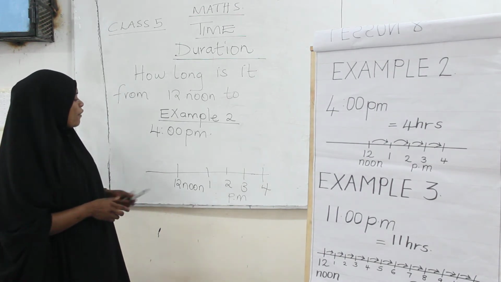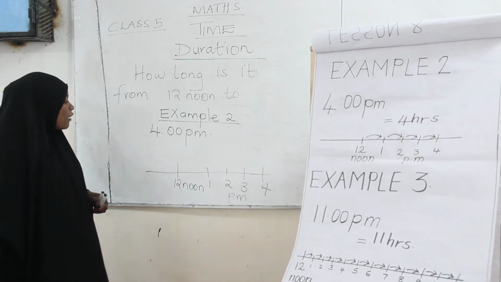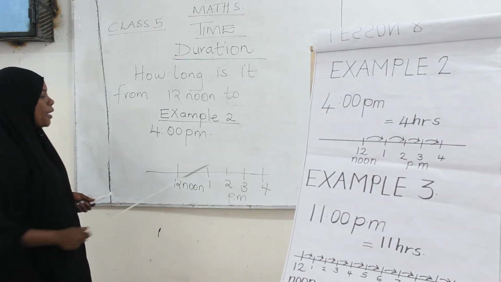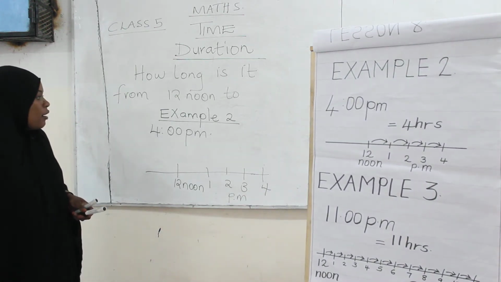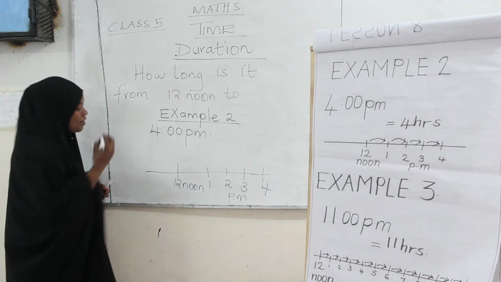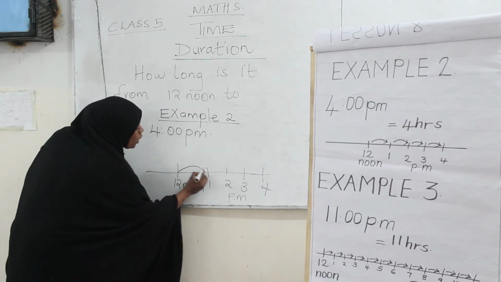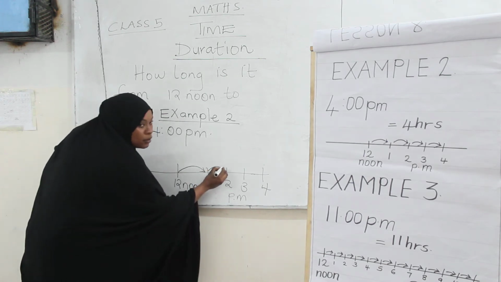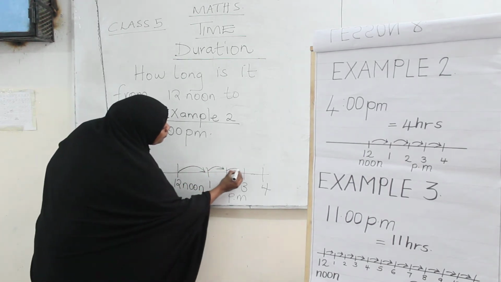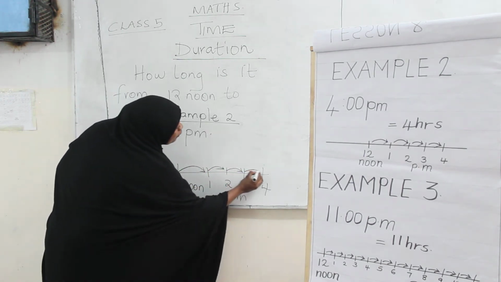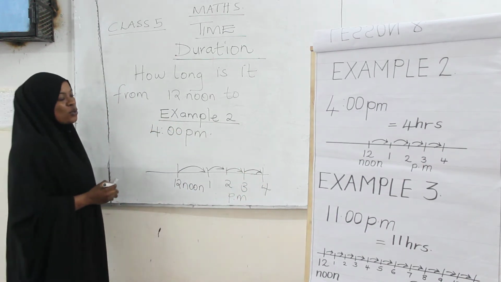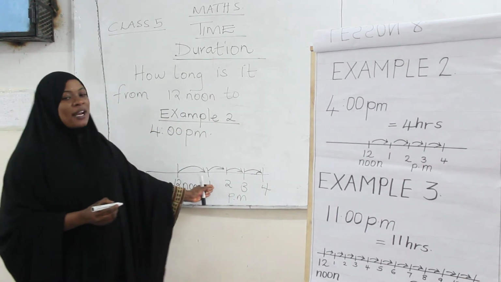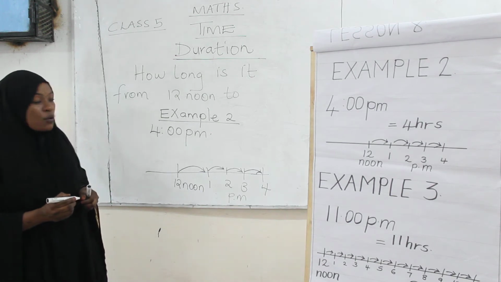So from 12 noon up to 4 p.m., how many hours are there? Let's count. From 12 to 1, that is 1, 2, 3, 4, because from one number to another number there's a difference of 1 hour.